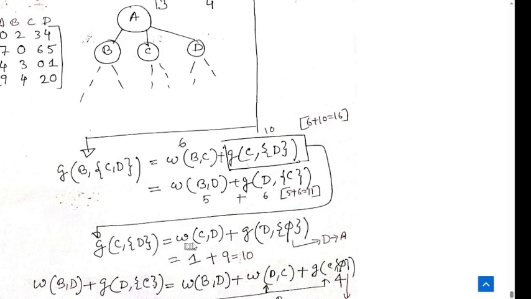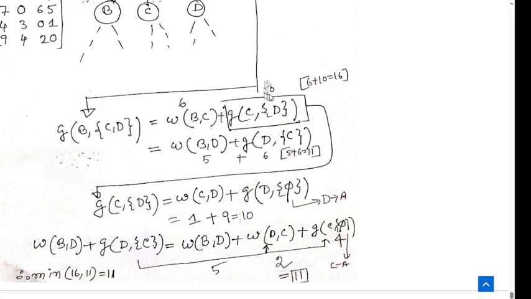So W(C, D) in the weight matrix is given as 1. And G(D, A), that means the distance between D to A, is 9. 1 plus 9 is equal to 10. So this part is 10.